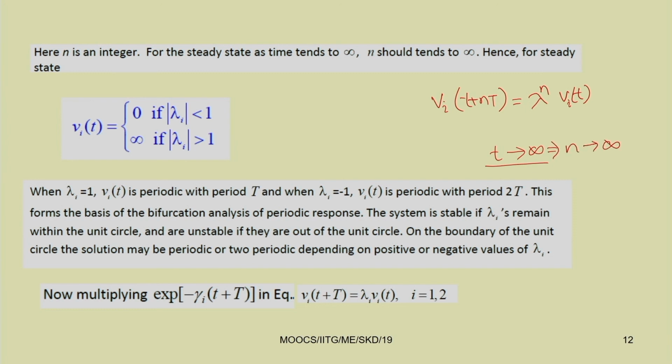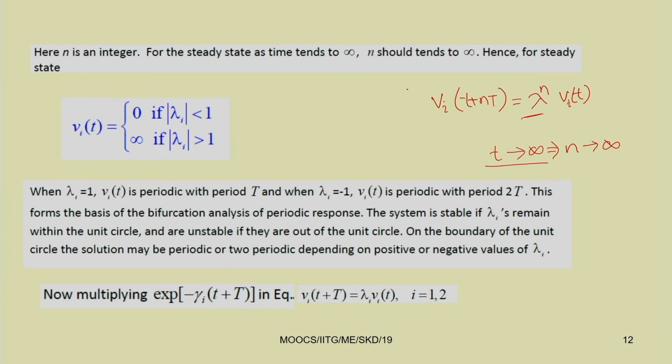So, you just see if n tends to infinity, here you just see lambda to the power n. So, we have this lambda to the power n Vi(t), it must be. So, for steady state we can write this Vi(t) equal to 0.